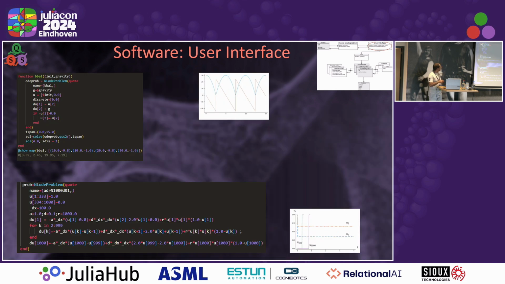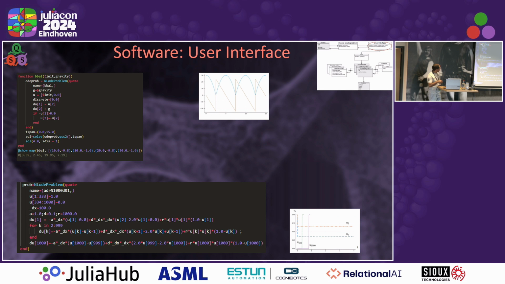This is another example. Let's say this is the bouncing ball, and if you have a model that you want to run many times, you can pass the parameters, and then you can run it many times.